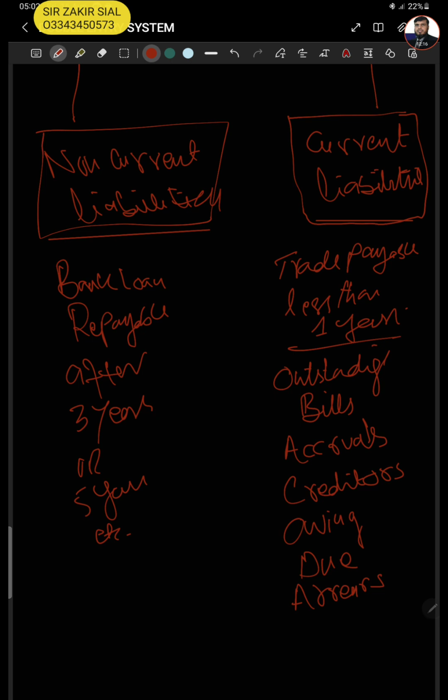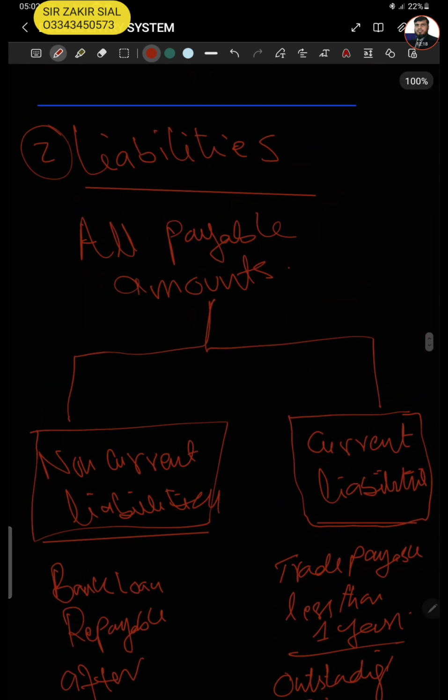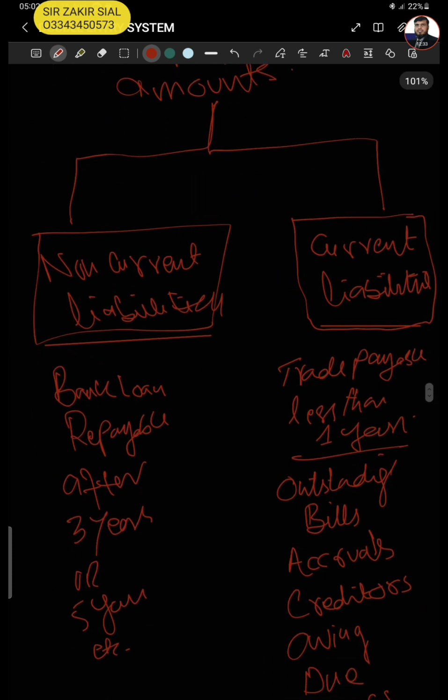I will explain again. Liabilities are all amounts payable. If these amounts are payable within a year, these are called current liabilities. But if the amounts are payable after more than 1 year, and we have time for the payments, these are called non-current liabilities, like a bank loan which is repayable after 3, 4 or 5 years.